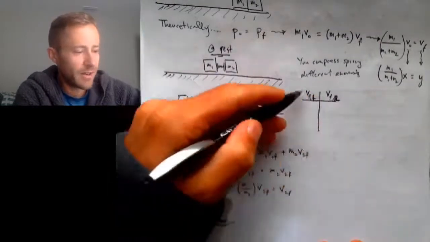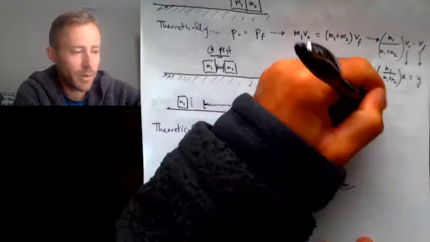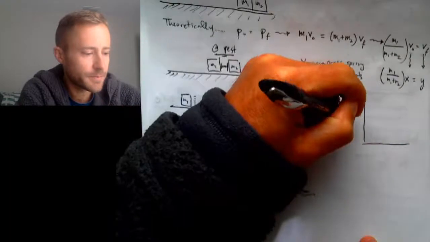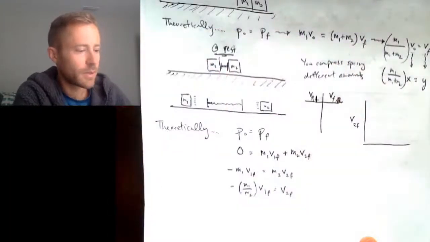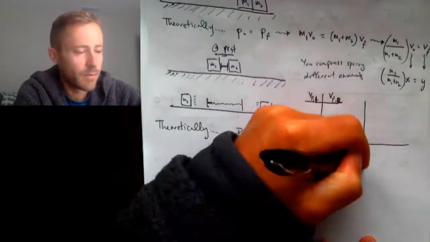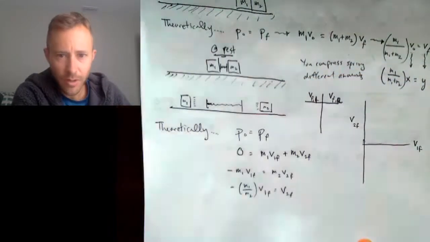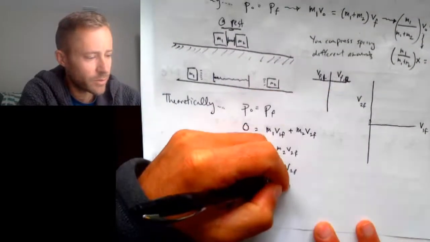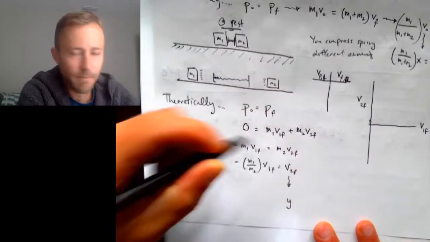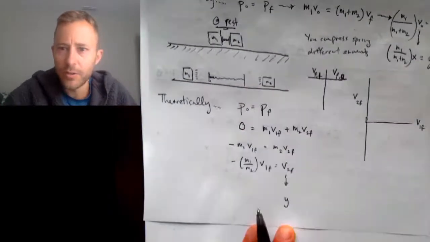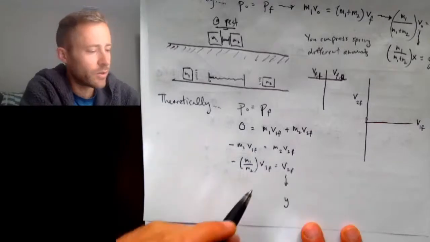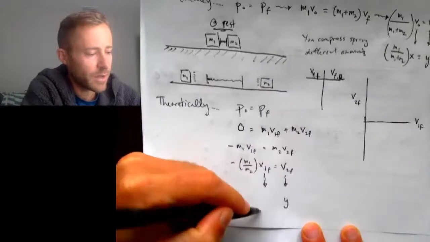So this is the data that I have collected. So I'm going to make a graph of v2 final versus v1 final. Now, how does that graph look? Well, if I put v2 final on the vertical axis, then that is acting like y. And I put v1 final on the horizontal axis, so that is acting like x.